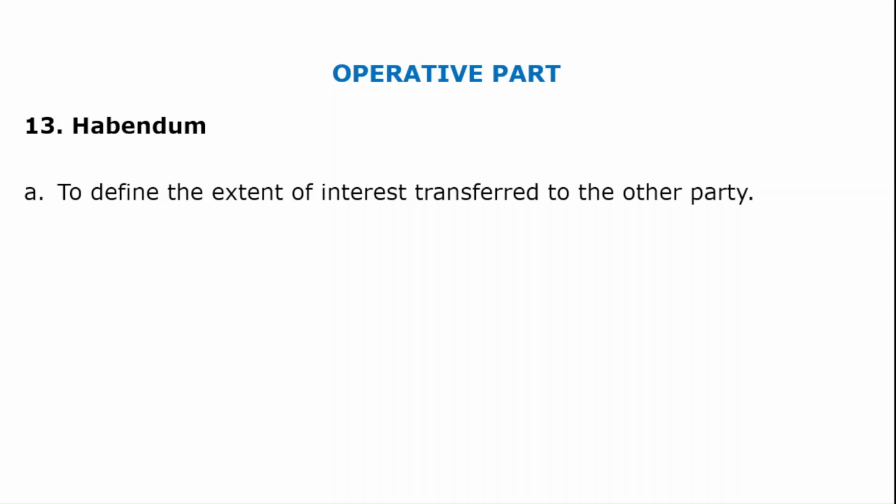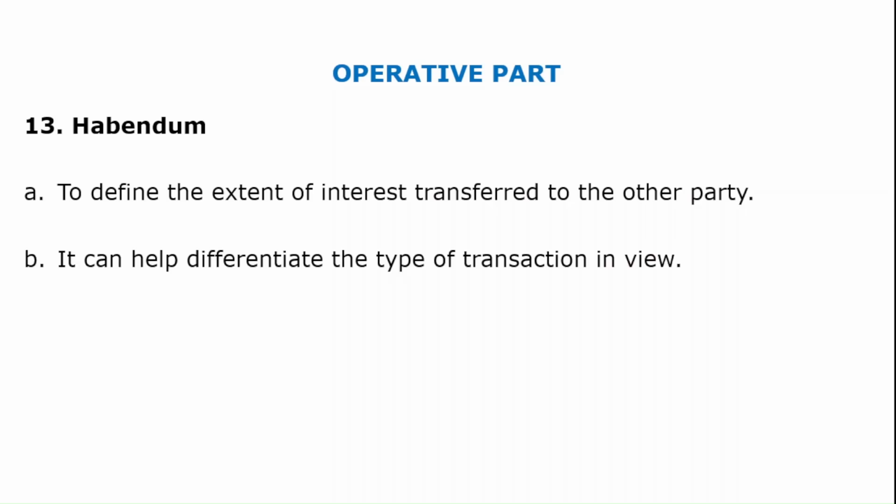But what if we are talking about a lease, which is what we have as our next point, that the addendum can help you differentiate the type of transaction in view. Where an addendum appears in a lease, the way it is drafted will let you know that this transaction is a lease, because it will be drafted in such a way that will let you know that the lessor still has a reversionary interest, even though it's conveying an interest to the lessee.